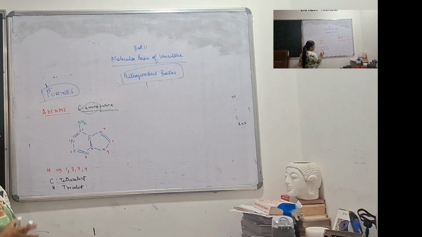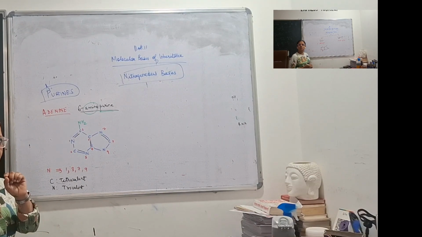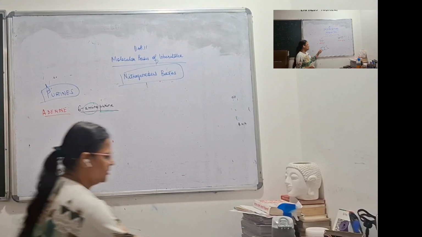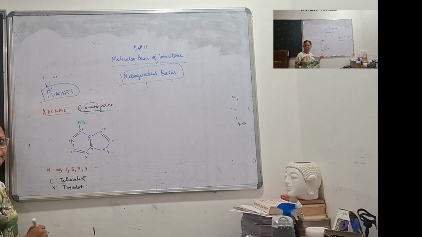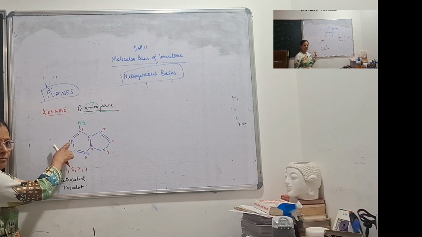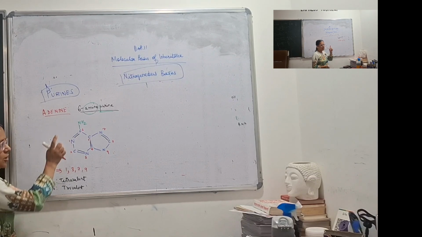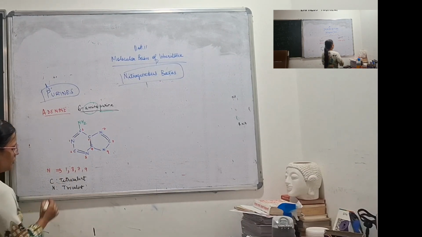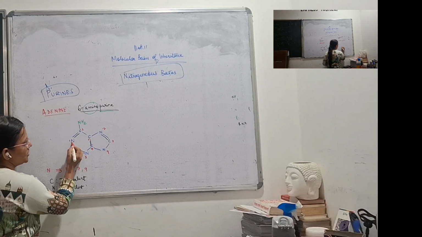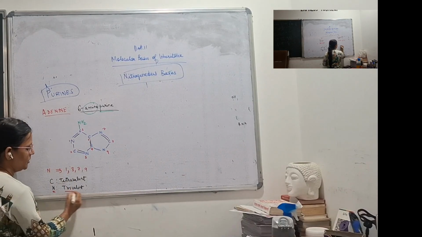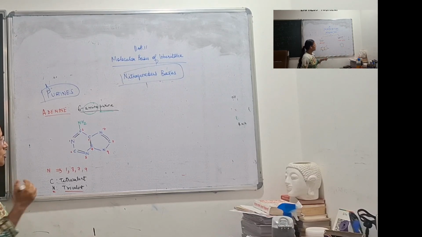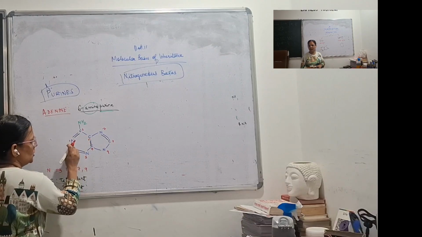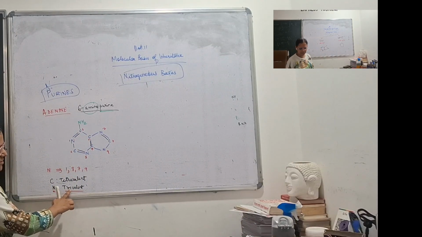So I'll tell you a simple way where to put H and where not to put H. Okay? So let us start from N. Okay, we'll start from 1. Numbering we have started from nitrogen 1. Now nitrogen is trivalent. So is it forming 3 bonds? Trivalent meaning 3 electrons, meaning it can form 3 bonds with 3 other atoms. So 1, 2, 3. So the valence is satisfied.